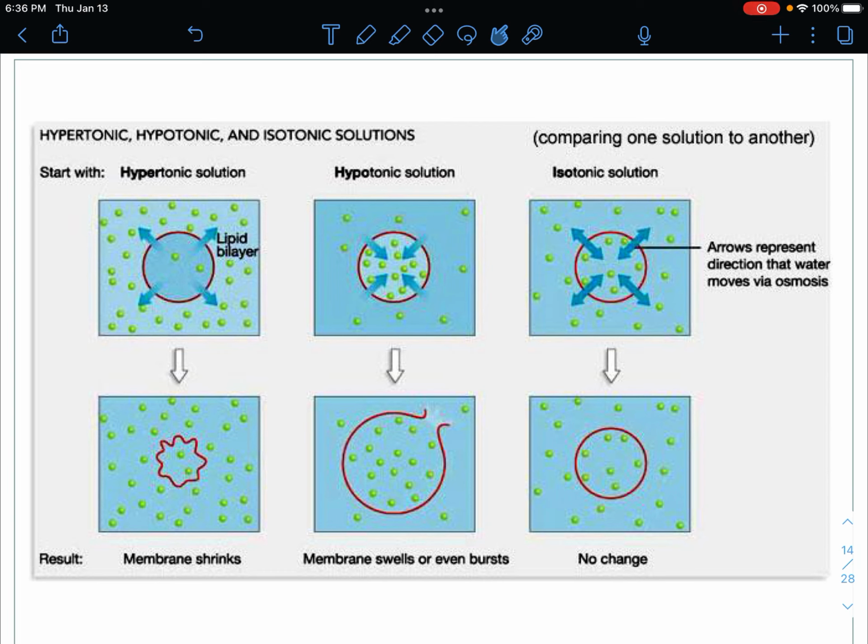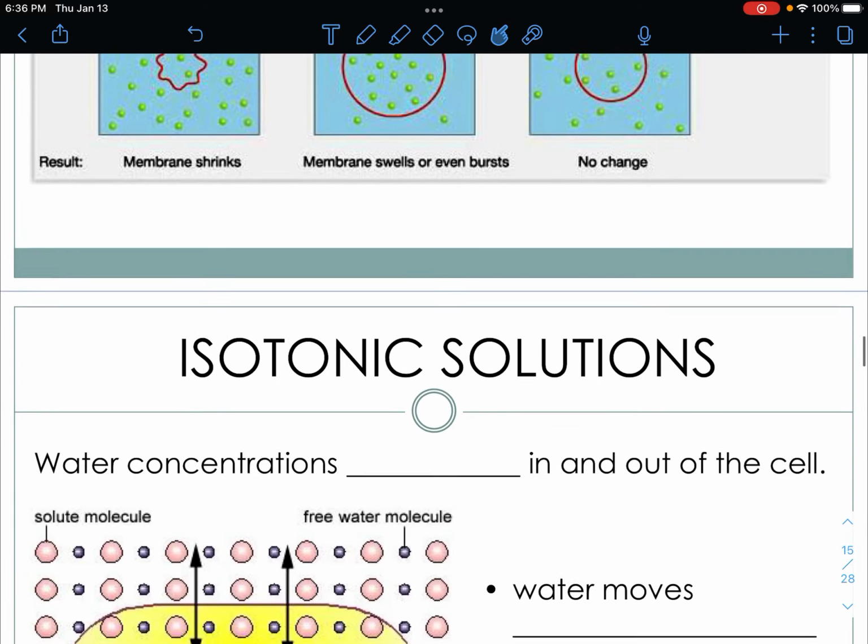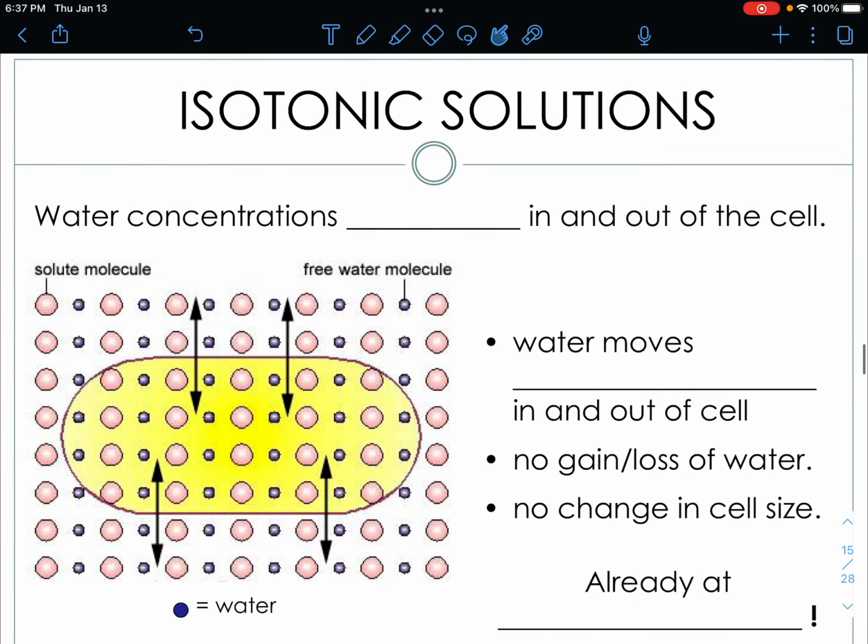Okay, this is just a graphic of our three different solutions. I'm going to skip past this because we're going to go into each individually. So our first, for an isotonic solution, remember the water concentrations are equal in and out of the cell.